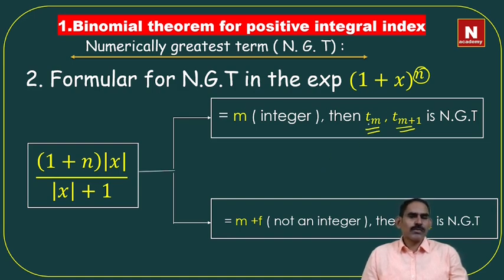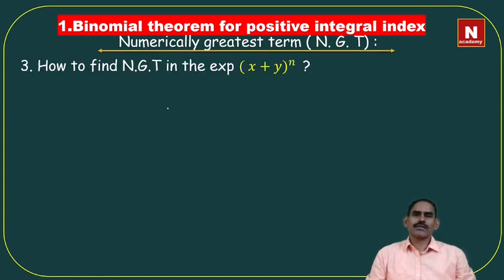Because these are two numerically greatest terms, their absolute values are always equal. And if it is not an integer, for example m plus f, here m is an integer, f is a fractional part, then t(m+1) is the numerically greatest term. This is the formula to find the numerically greatest term in the binomial expansion.